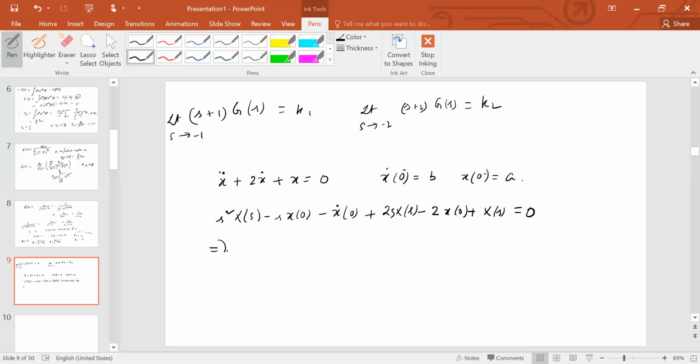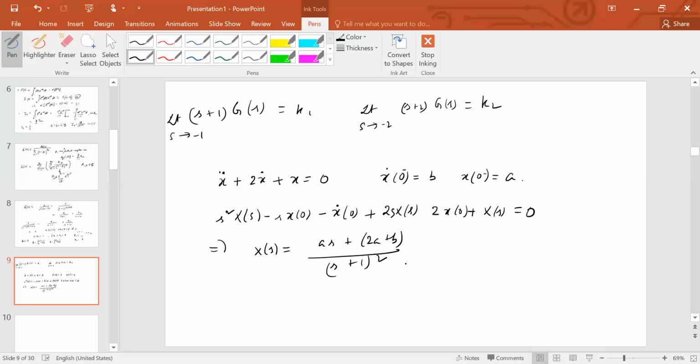From which you can easily write X(s), please fill in the steps, take this as an exercise and practice problem, okay? X(s) equals (as plus 2a plus b) upon (s plus 1) whole squared.